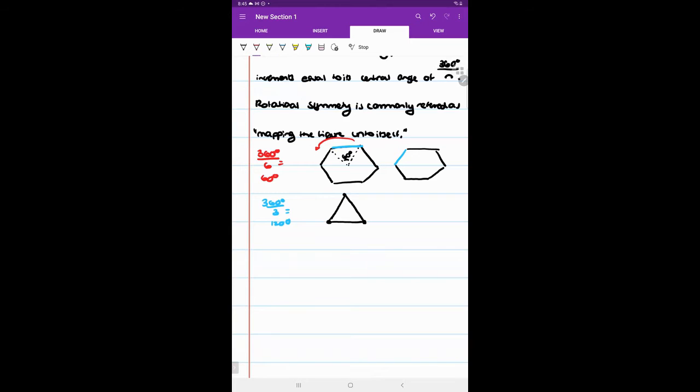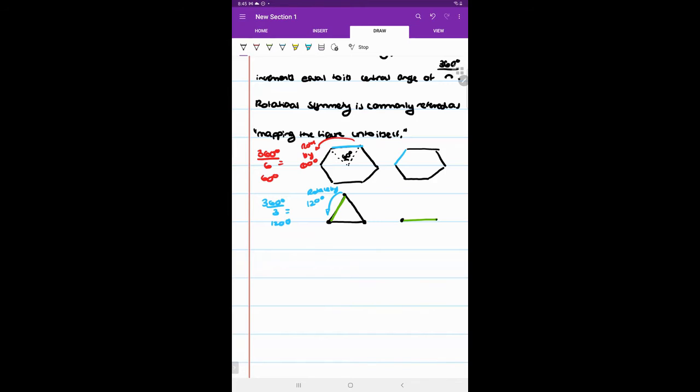So if I rotate by, this was rotate by 60 degrees. If I rotate this by 120 degrees, then this side will become that side.